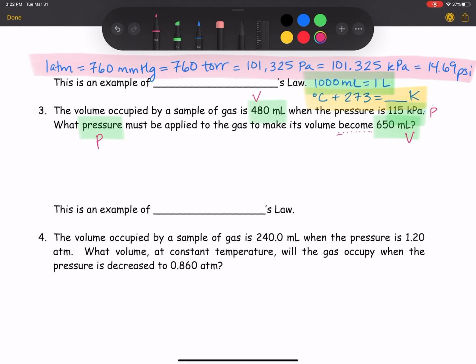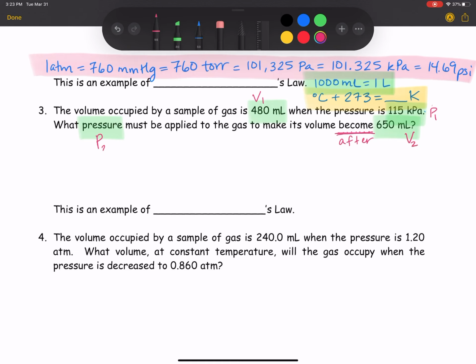Because it says I need to become this volume, this is a sign that this is my after, because this is what I'm trying to become. So I started with 480 milliliters at 115 kilopascals. I want it to be 650 milliliters.